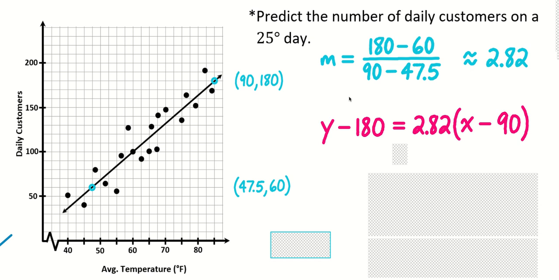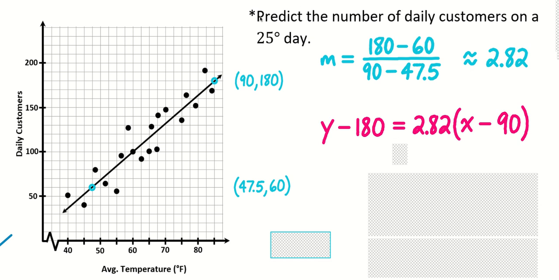But anyway, so we have an equation, and like I've said many times, you might feel like, I want to stop here. You know, point slope form of an equation is good enough for me. Well, to make these predictions, it's actually a lot nicer if your equation ends up in slope-intercept form.